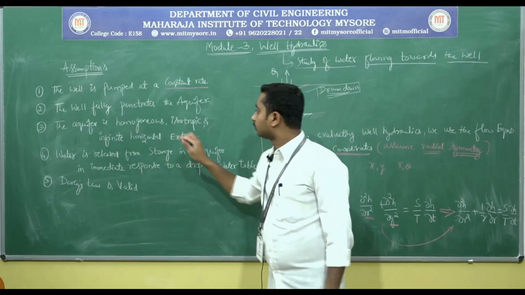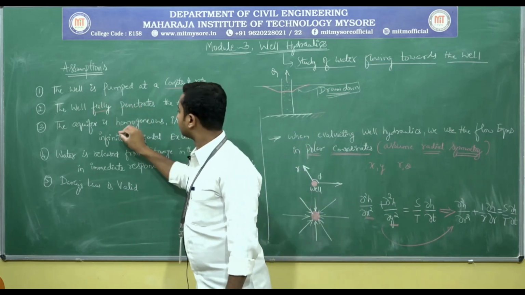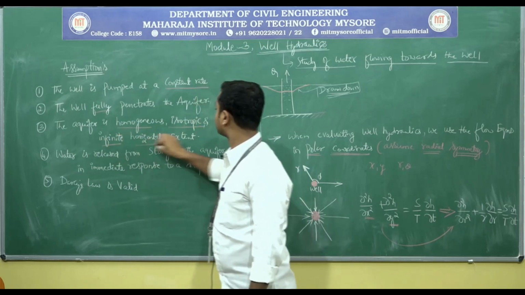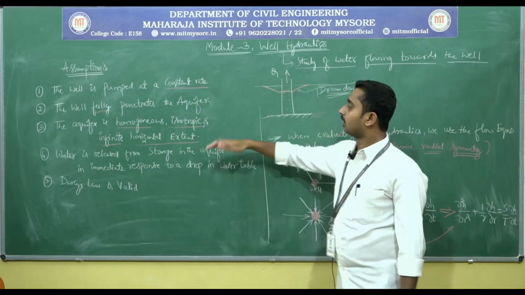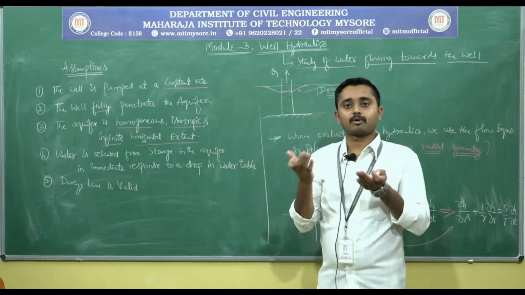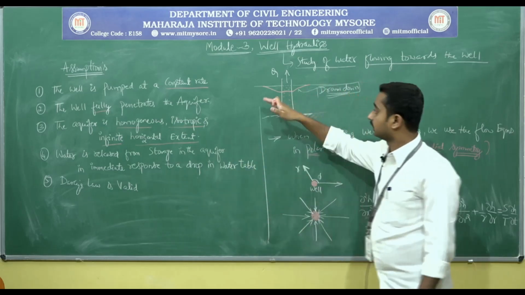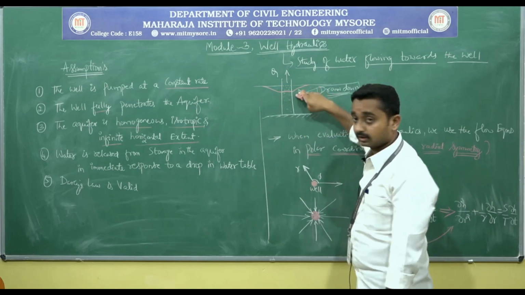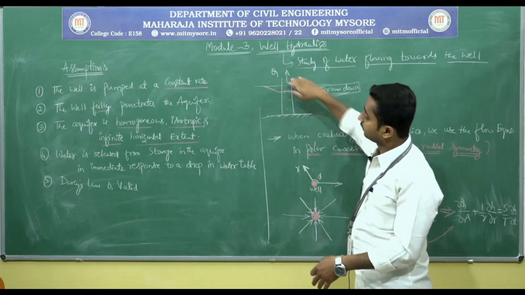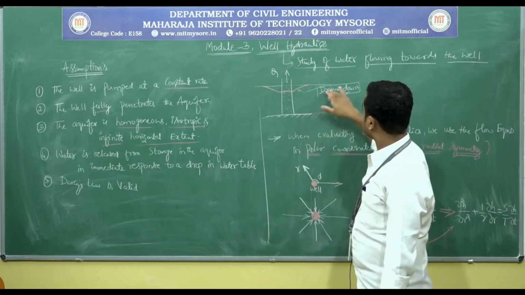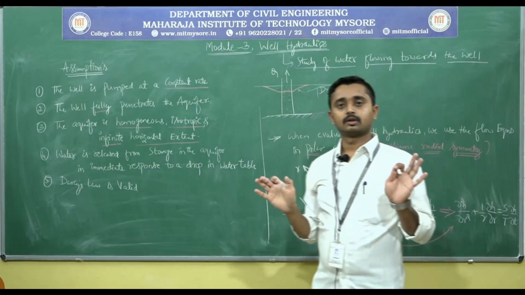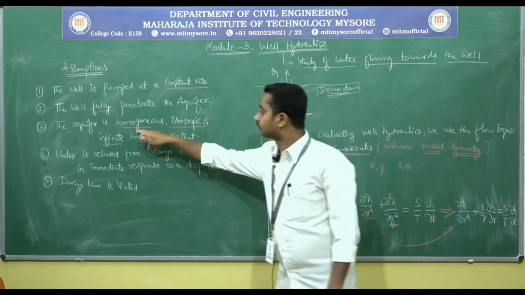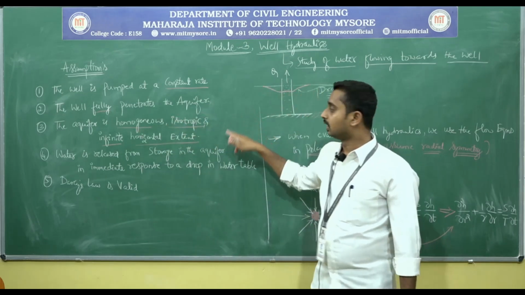Next, the aquifer is homogeneous, isotropic and of infinite horizontal extent. Homogeneous and isotropic means the property of the soil and the property of the water here is the same everywhere.